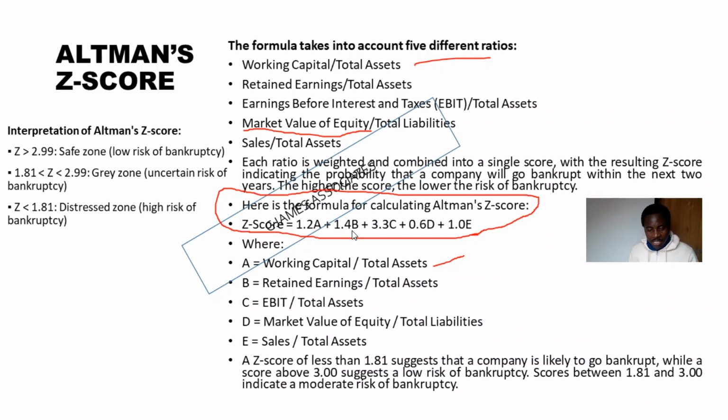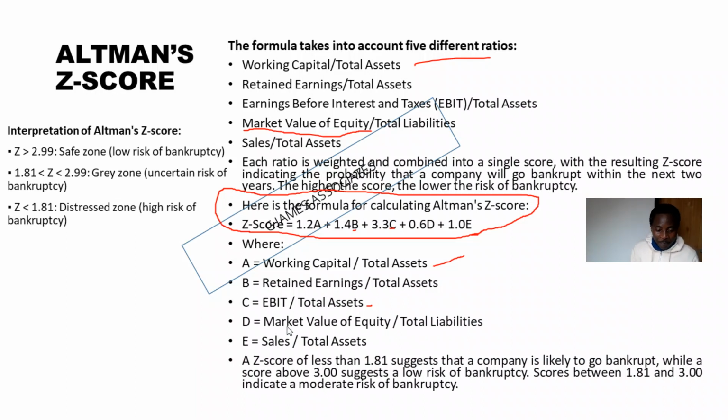You will put it as B. Then earning before interest and tax against total assets, you will put it as C. You multiply it against 3.3. That is the standard, please. We cannot be asking Altman now how it come about 1.2, 1.4, 3.3 and the like. Please, for our preparation purpose, let's give what we need to give to Caesar, what belongs to Caesar.